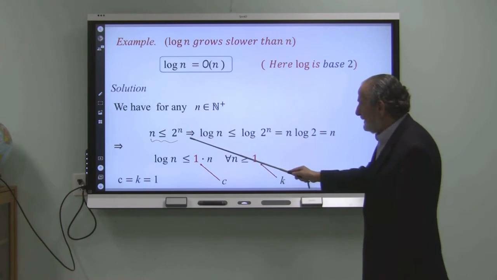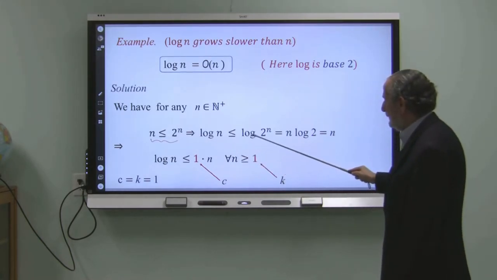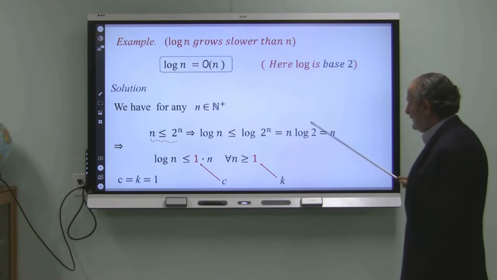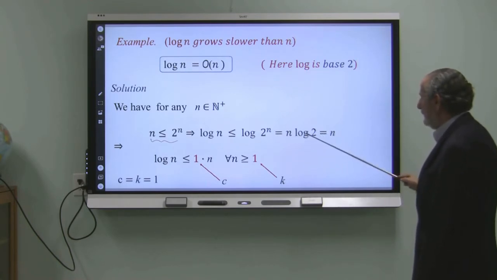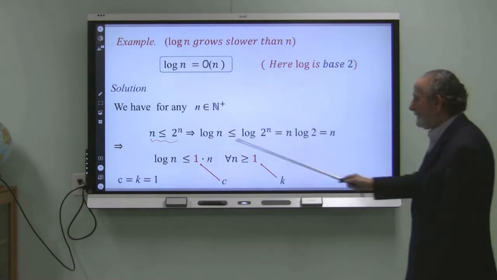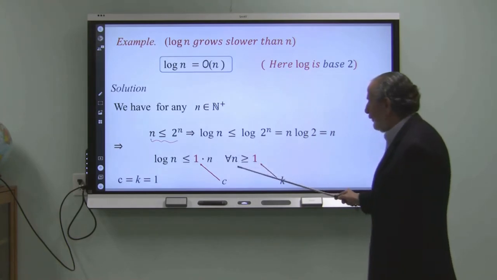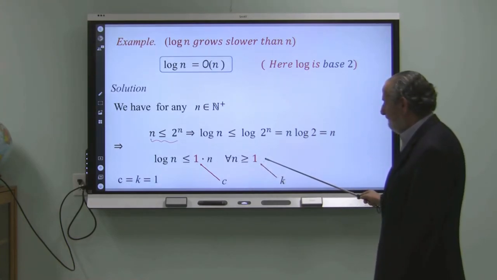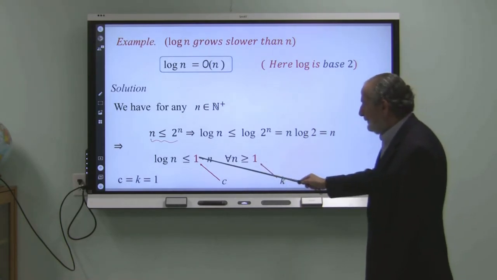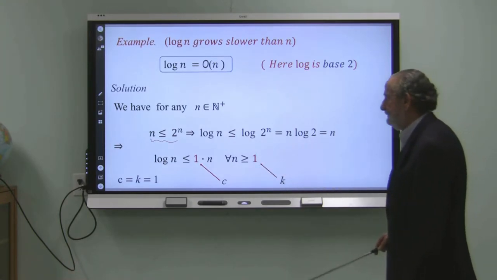So therefore you take log of both sides. Log n is less or equal than log of 2 to the power n, which is n log 2. Log 2 is 1, so it's equal to n. Therefore, log n is less or equal than 1 times n for any n greater or equal than 1. So your c is 1 and your k is 1. Okay?